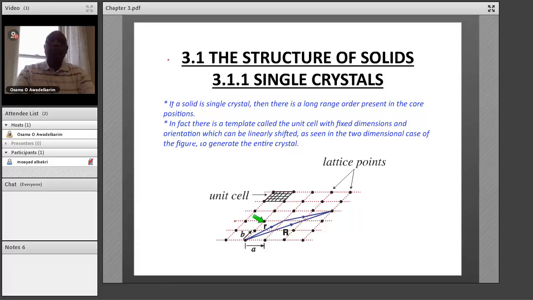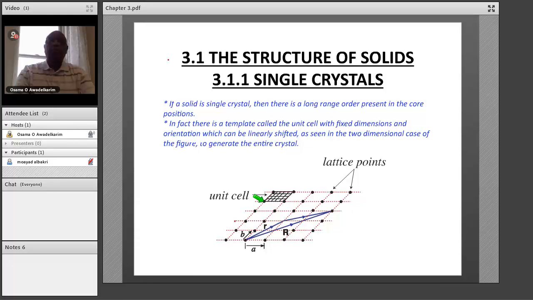And this mathematical lattice is in 2 dimensions, because that is what I'm able to show you here on this 2-dimensional screen or paper. If we take this 2-dimensional unit structure, which has the 4 corners of lattice points, this smallest unit that we have is called the unit cell.